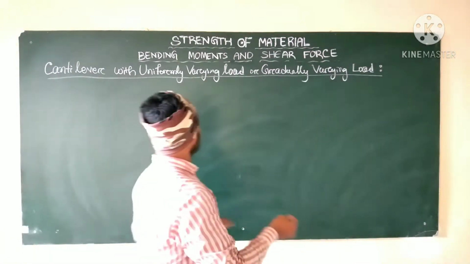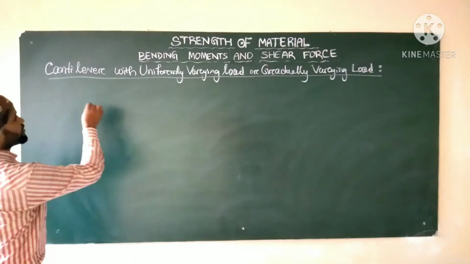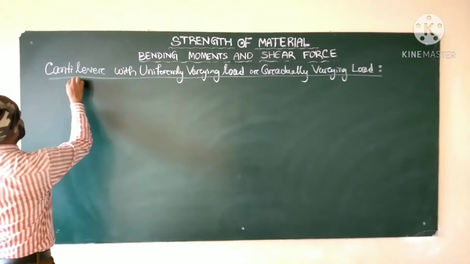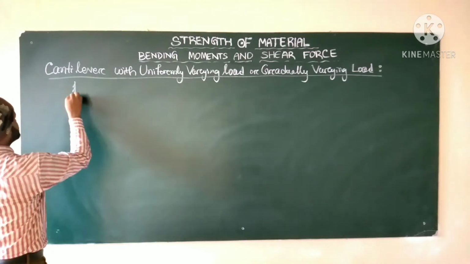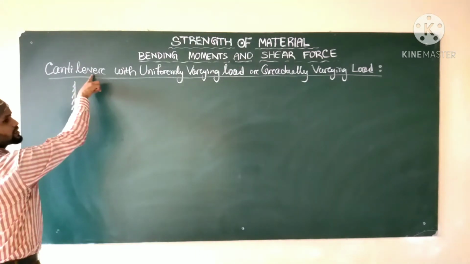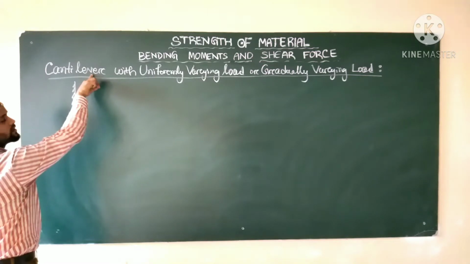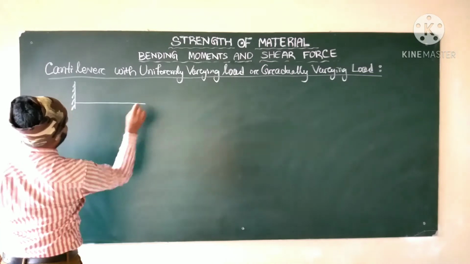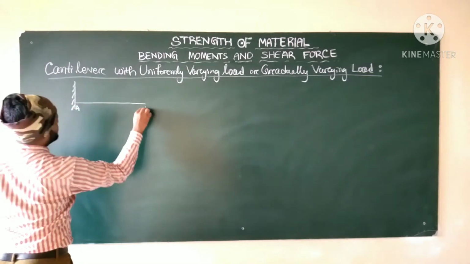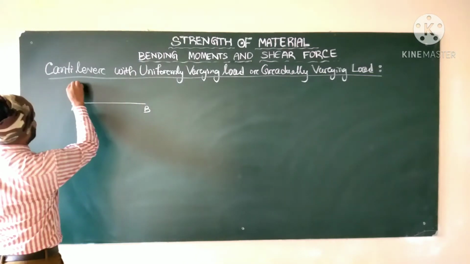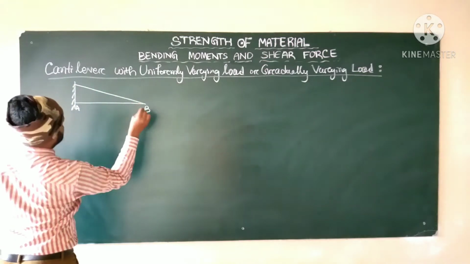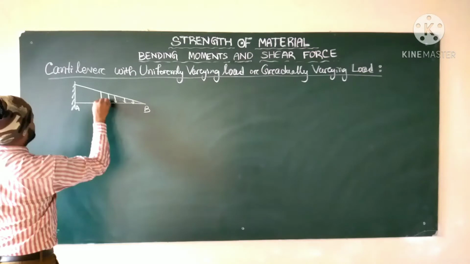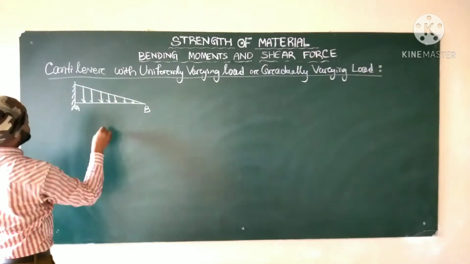So for that, see the figure, cantilever with uniformly varying load. Here is the fixed part. As it is a cantilever, one side is fixed and the other side is free. So it is a cantilever beam AB with a uniformly varying load. This is an example of uniformly varying load.